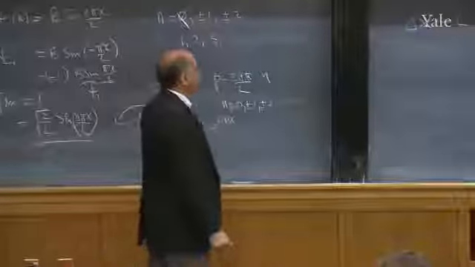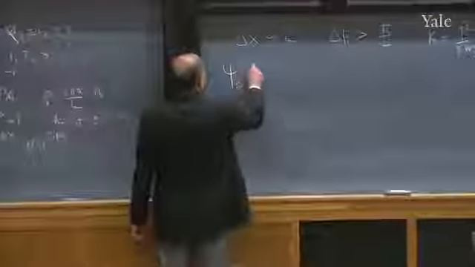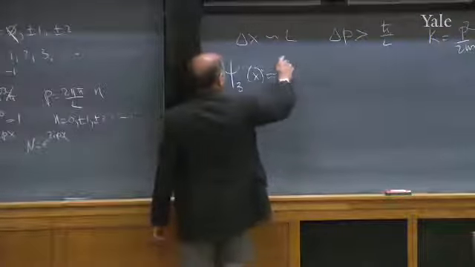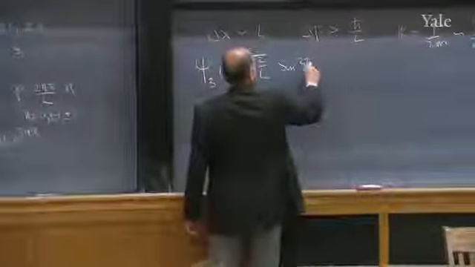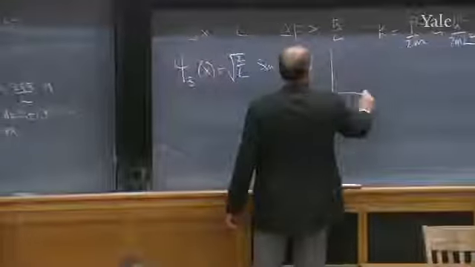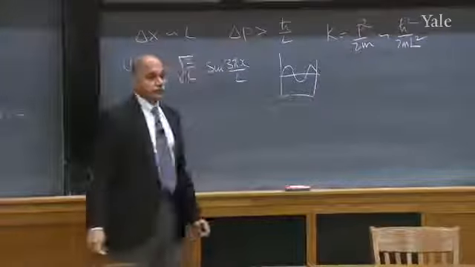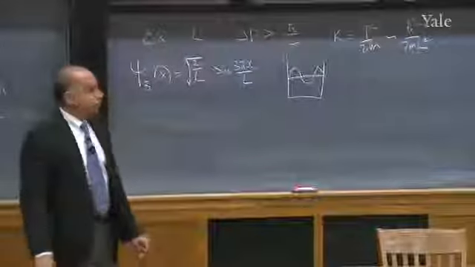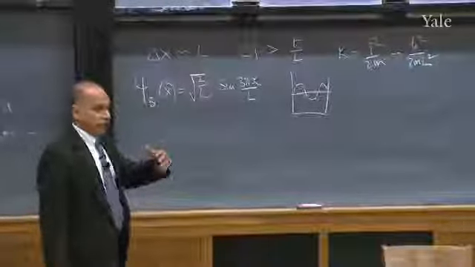So the next question was, let's take one of these functions, say psi sub 3. The square root of 2 over L sine 3 pi x over L. If you plot that function, it will look like this. Now, what was your question? If I measure the particle's position, what's the probability?